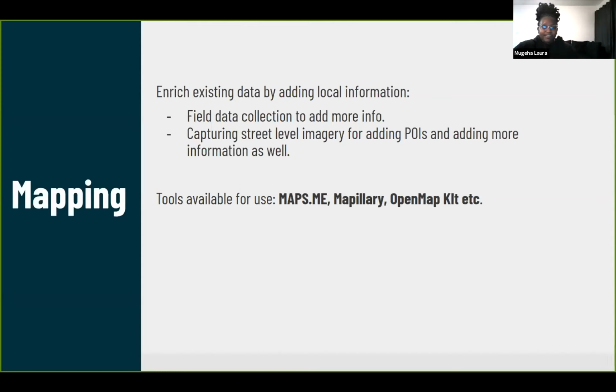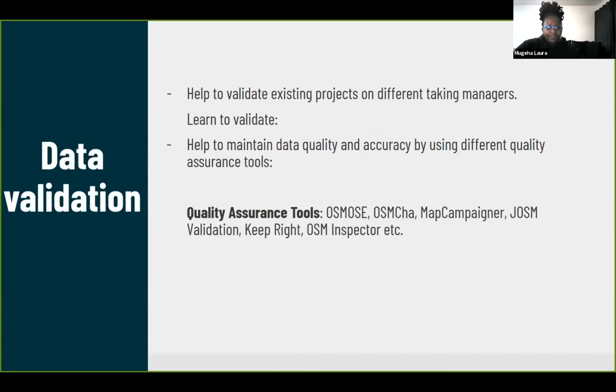The different ways one can do this is by conducting field data collection using the various apps that we have, things like ODK, KoBoToolbox, and the rest, and also by using Mapillary to capture street level imagery, and then being able to add points of interest and more attributes.